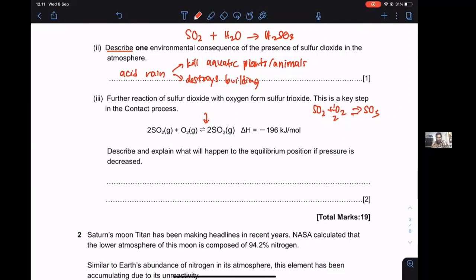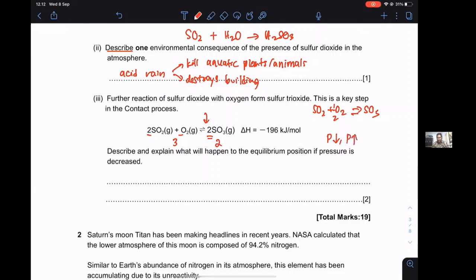Describe and explain what will happen to the equilibrium position if the pressure is decreased. Now, when we are dealing with pressure, we need to look into the number of molecules of the gas. So 2 moles over here, 2 and 1, 3. When you decrease the pressure, according to Le Chatelier's principle, you need to try to increase the pressure.